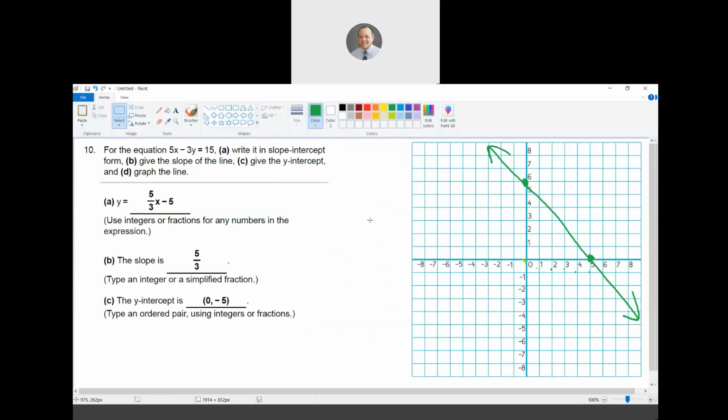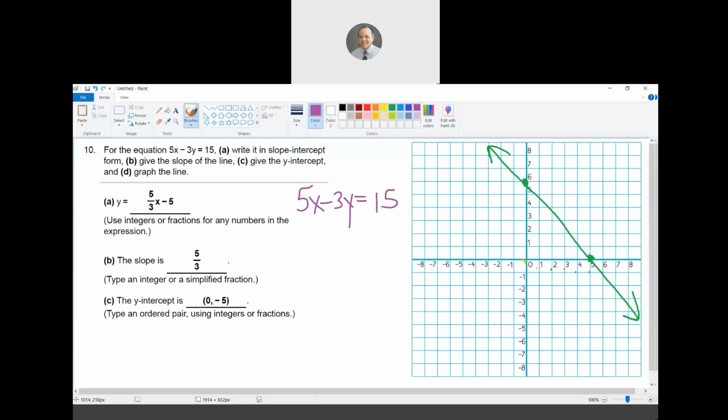All right. Given the equation 5x minus 3y equal to 15, find all the same information and graph the line. So we have 5x minus 3y equal to 15.